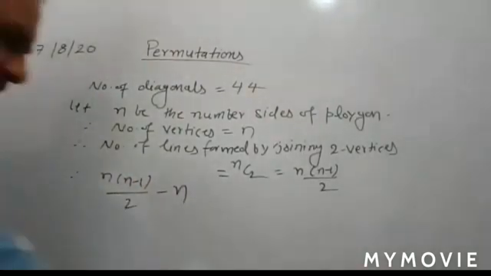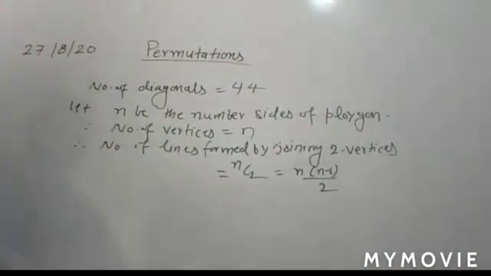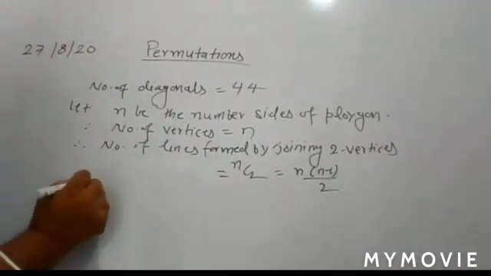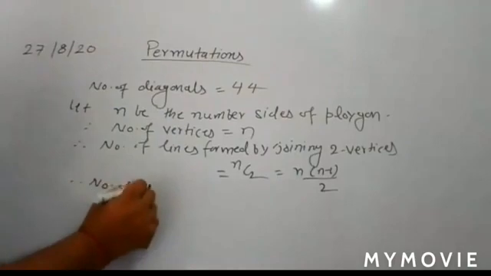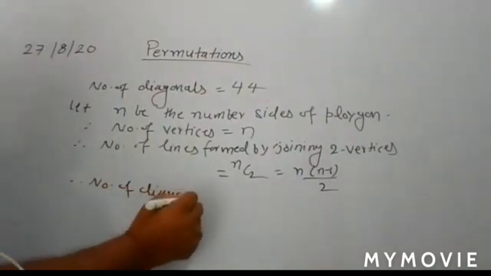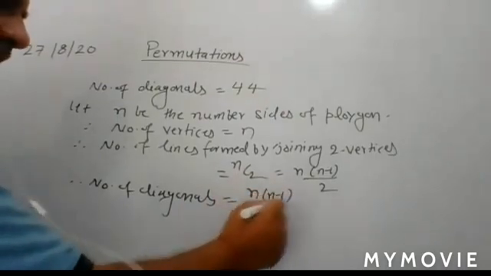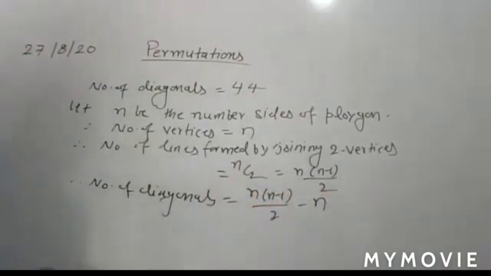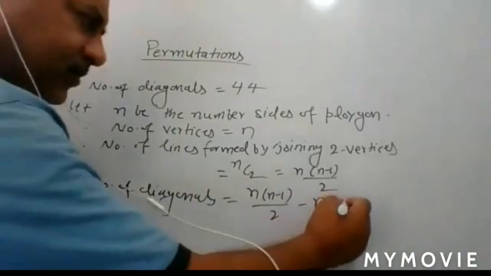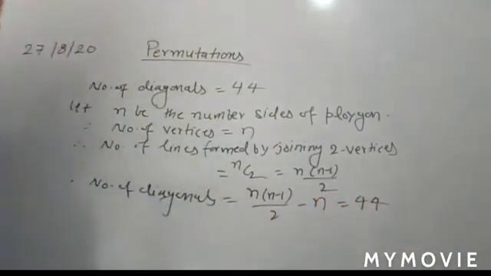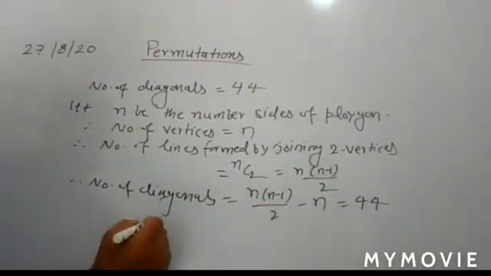Hence the number of diagonals is equal to n into n minus 1 divided by 2 minus n, and its value is given as 44.